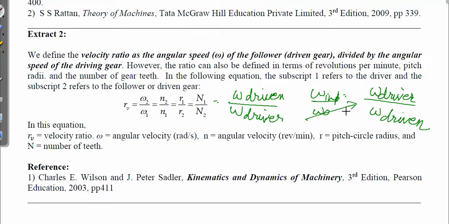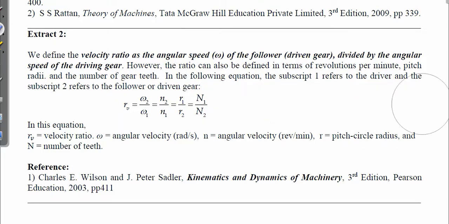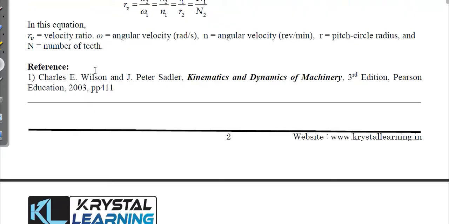Just see, the inverse relation is there. So this is the game which is there in different authors' books. Different notations are being used, meaning inverse relations are used. So that's why in the starting I said both the relations are true.